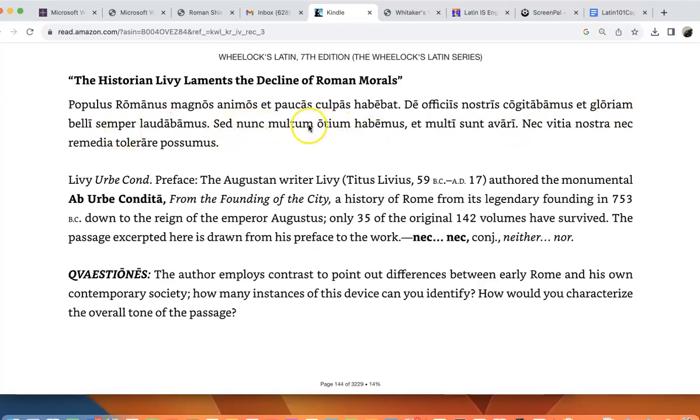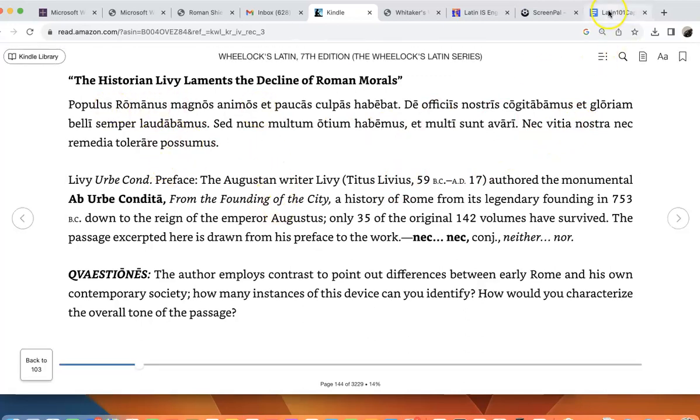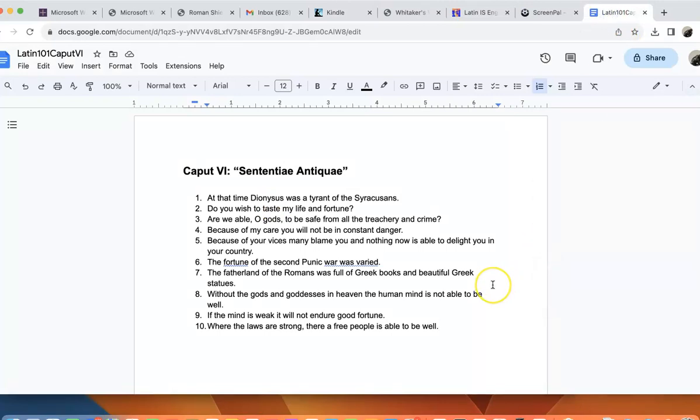But now they have much leisure, and many are greedy. Neither our vices nor remedies are we able to tolerate. So we are able to tolerate neither our vices nor our remedies. Ouch. So let me put that down here for the Livy.